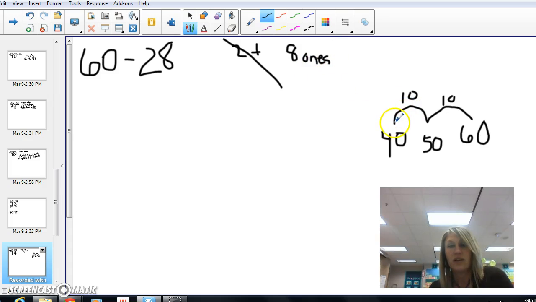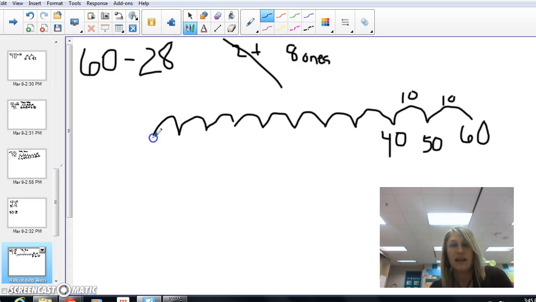Now we're ready to take away our 8 ones. So here we go with our jumps of 1, 1, 2, 3, 4, 5, 6, 7, 8. And then I'm going to write it there. 1, 2, 3, 4, 5, 6, 7, 8.